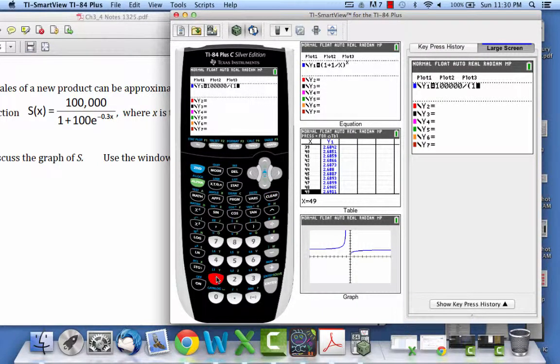Be sure and put the parentheses there, or it'll just divide by the 1 and then add the other thing. 1 plus 100 e to the negative 0.3x.